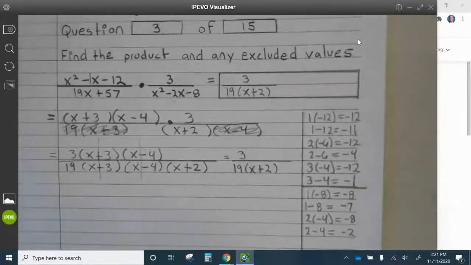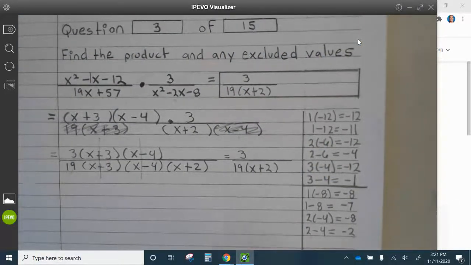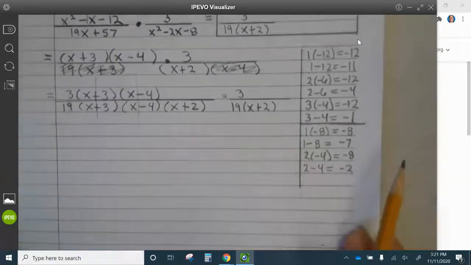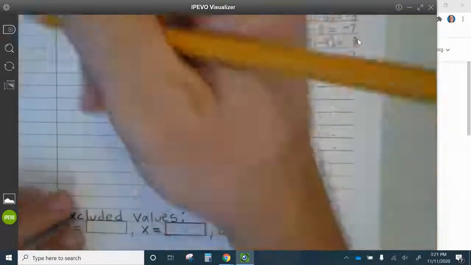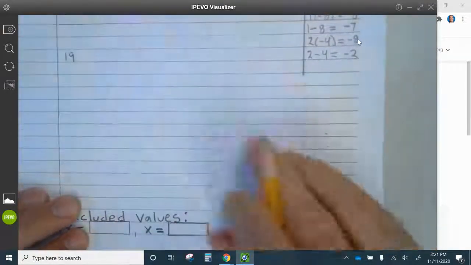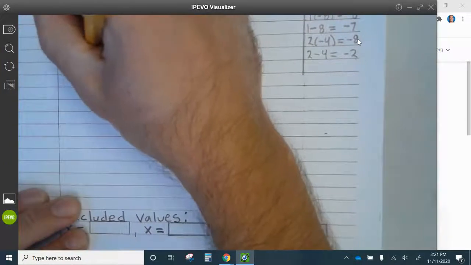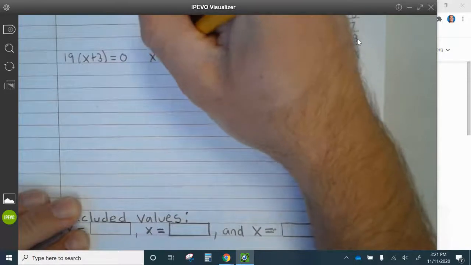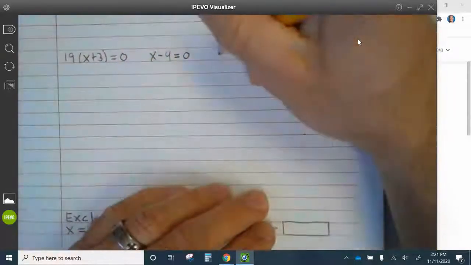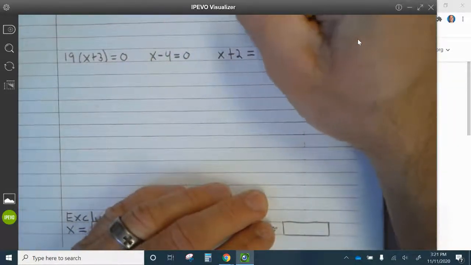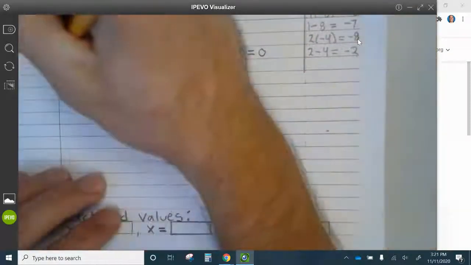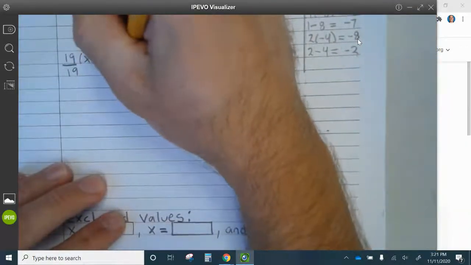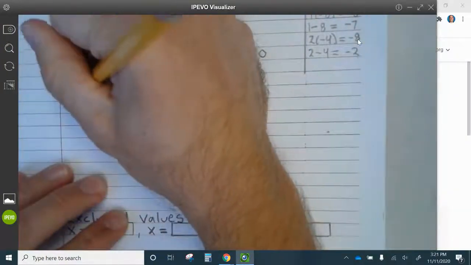Okay. All right, now for the excluded values, we set each of these equal to 0. So let's set 19 times x plus 3 equal to 0, x minus 4 equal to 0, and x plus 2 equal to 0. Now, we divide 19 from both sides. So then you have x plus 3 equal to 0.